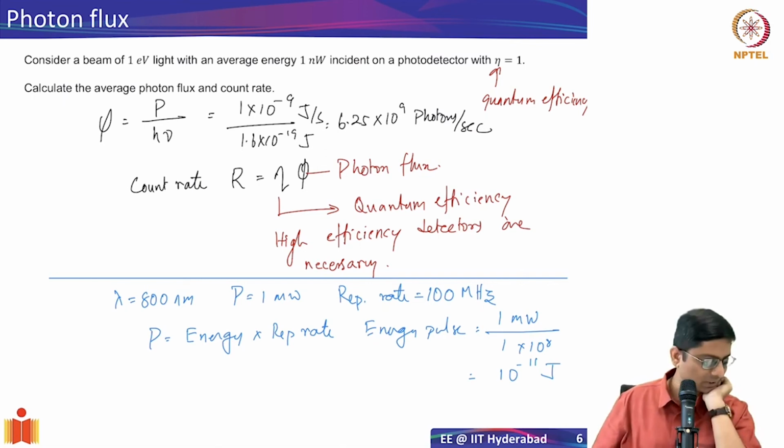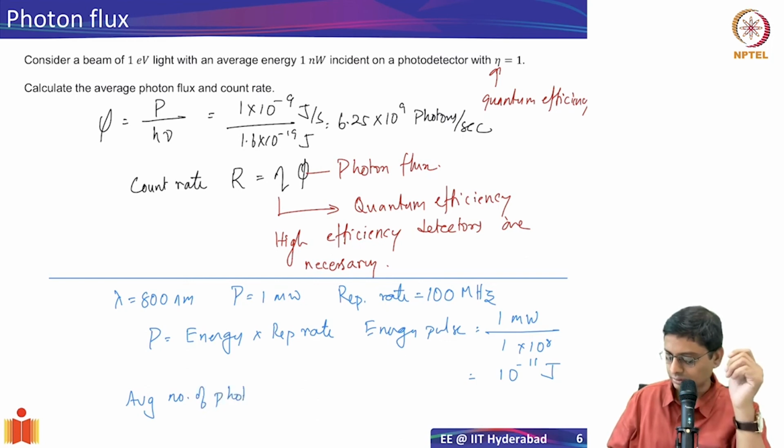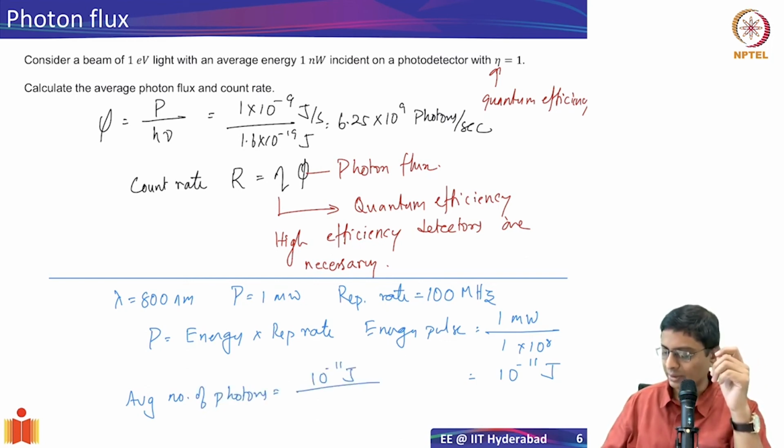So how many photons are present in 10 power minus 11 joules? The average number of photons is 10 power minus 11 joules divided by the energy per photon. How much is the energy per photon?